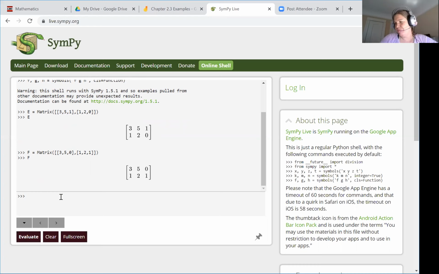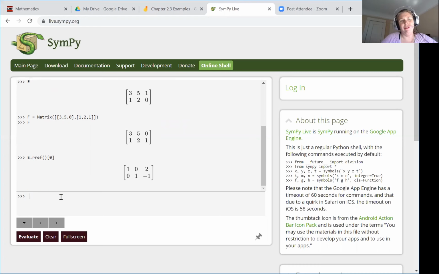And then we want the reduced row echelon form here. So we are going to type, we'll do matrix E first. So we'll do E dot RREF, parentheses, and then we just want the first result, which is the reduced row echelon form of the matrix.